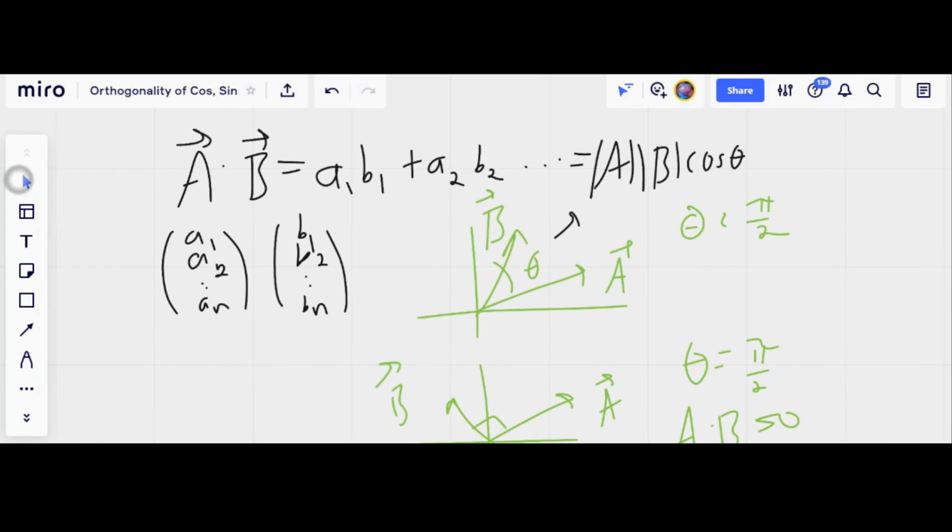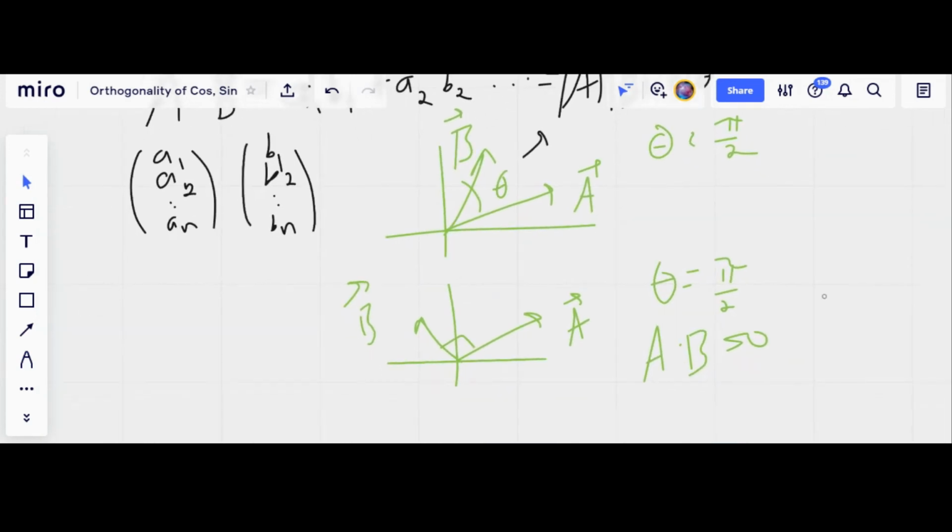Roughly, qualitatively, A and B are pointing in completely separate directions. B is going off this way and A is going off this way at 90 degrees. They don't share a projection. If you try to project A onto B, you don't get anything, and if you try to project B onto A, you don't get anything either.